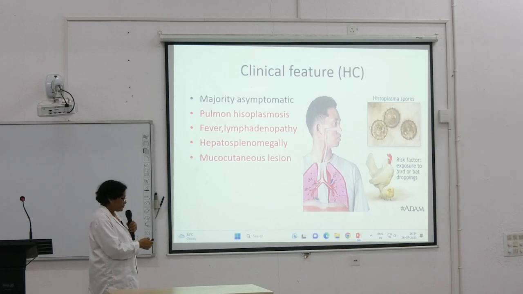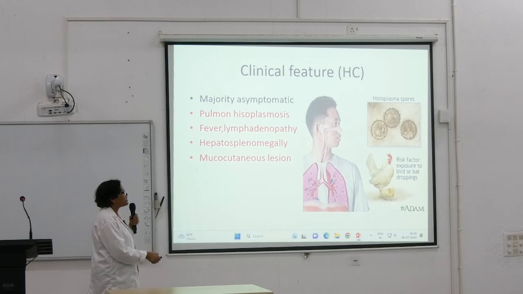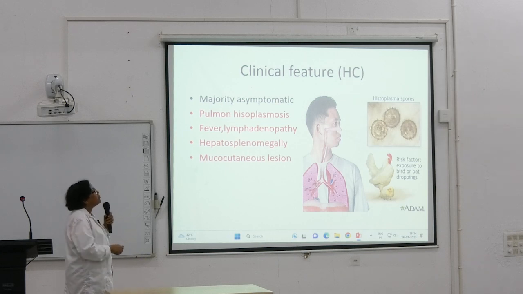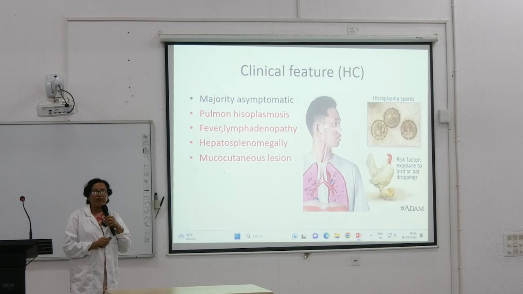You can see these are the histoplasma spores from the bird excreta lies in the soil. It is inhaled by the person and going in the lung. Okay, so majority asymptomatic, but everyone is not affected by the disease.